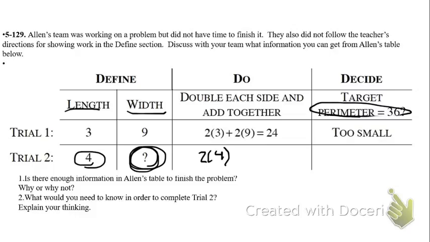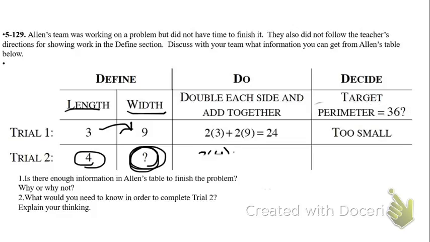I just really don't know. Can the width be any number? I don't see that information there, so I don't really know what I would put there. So I'm really not going to be able to finish this problem because they didn't give me enough information. I don't know how they went from the 3 to the 9.